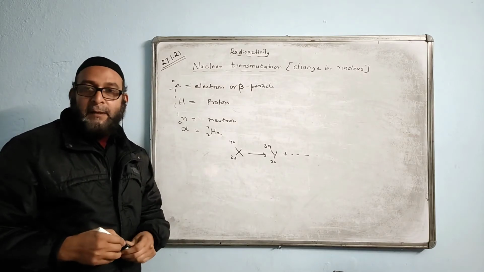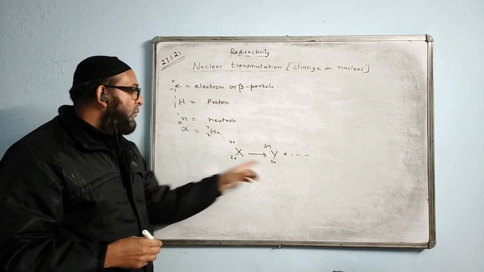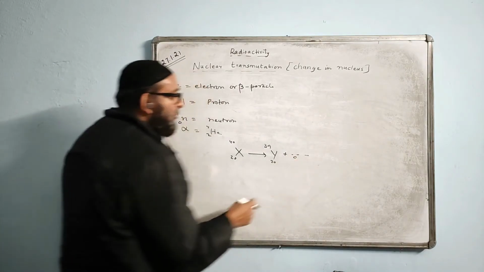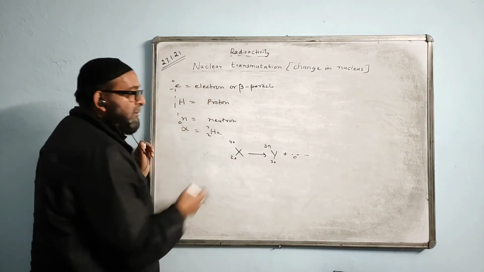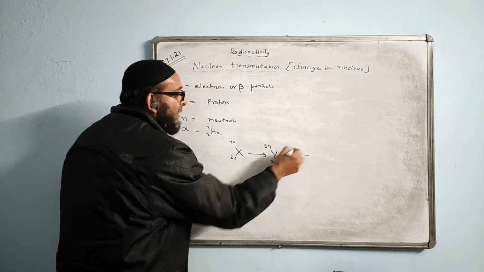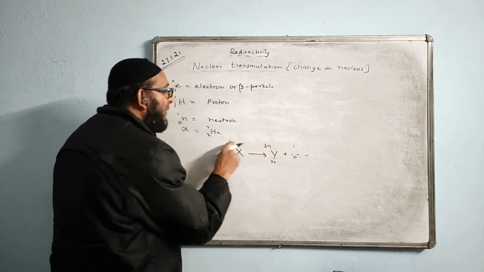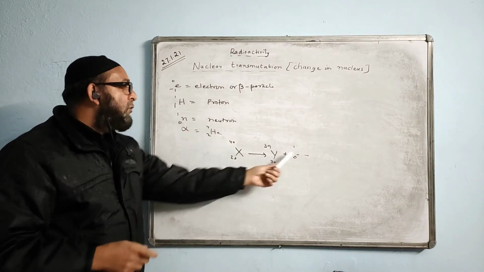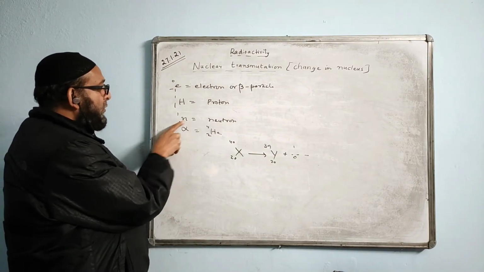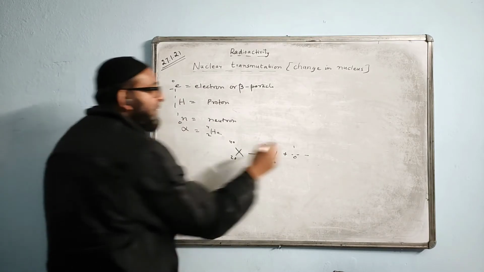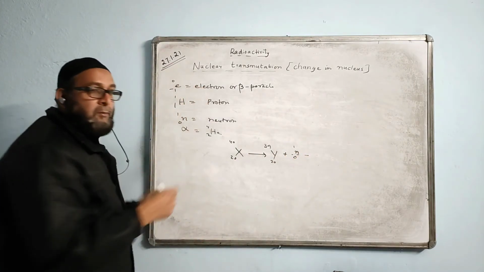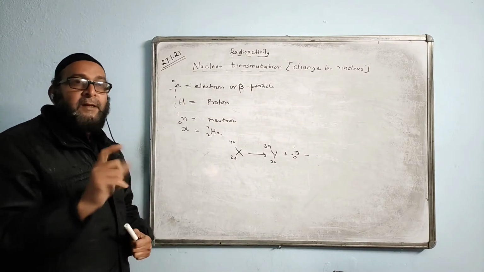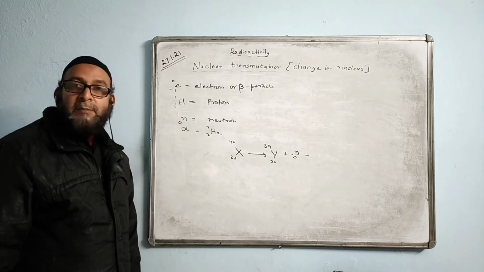What will you fill in the blank? You see, 20 remains the same. That means here you want to have 0 only, because 20 plus 0 is 20. Here how much must you write? 1, because 39 plus 1 will give 40. Which particle has the values 0 and 1? See, neutron has 0 and 1, so we have to write n in between. This is the particle you fill in the blank. What is the name of the particle indicated? This is neutron.